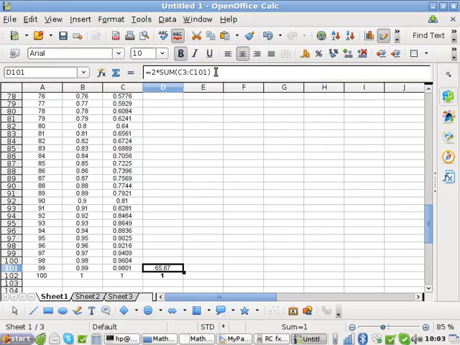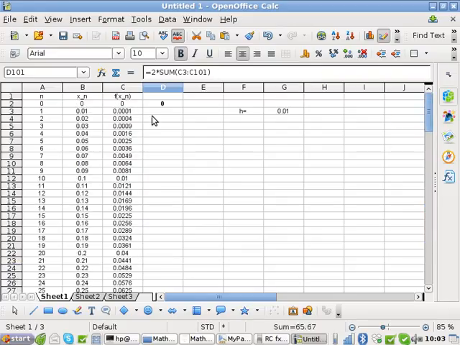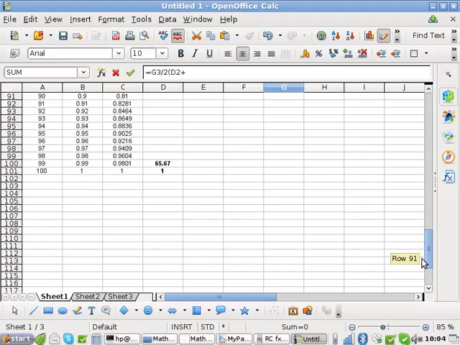So I have this number, and this number. And so my area, what's the formula? It's h over 2, the first plus twice the middles plus the last.